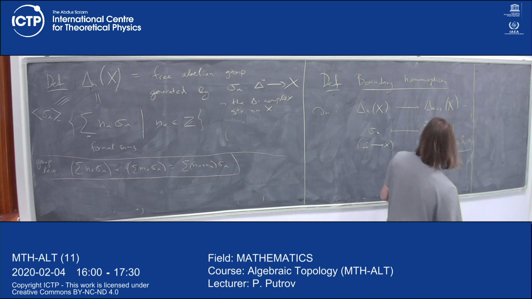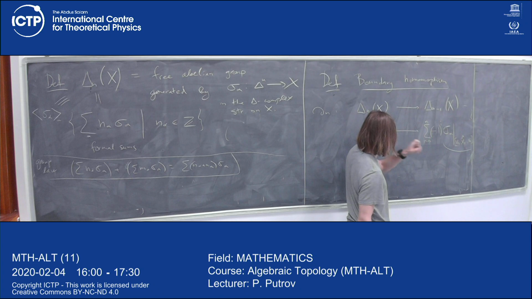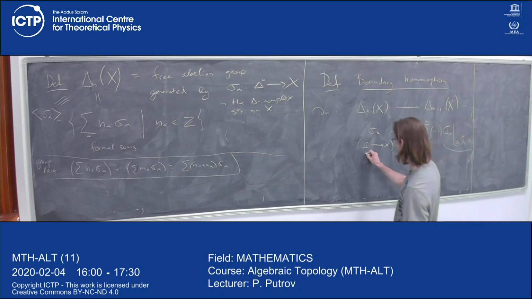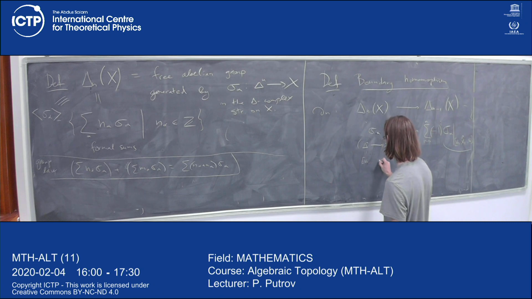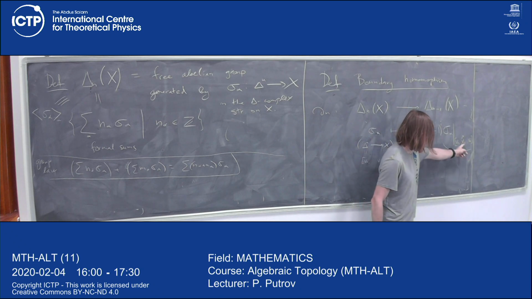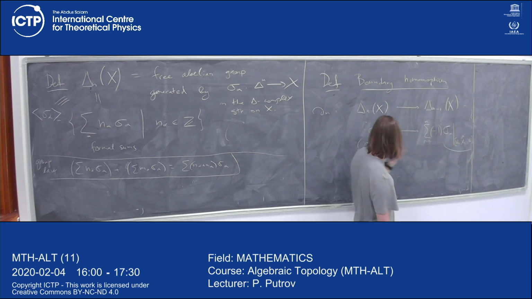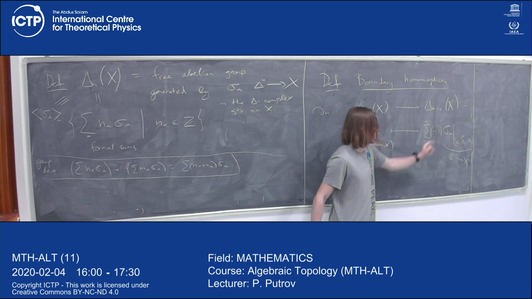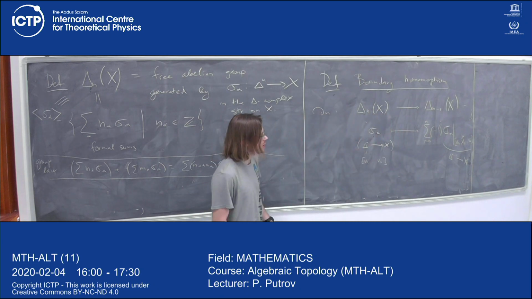I take the sum from i equals 0 to n, and in the i-th term I remove the i-th vertex. Let's say the simplex has vertices v0 to vn. I consider the n minus 1 simplex where I remove the i-th vertex, and I consider the restriction of this map to this n minus 1 simplex. So this gives me a map of this form, and then I weight it with this integer, which is just minus 1 to the i.